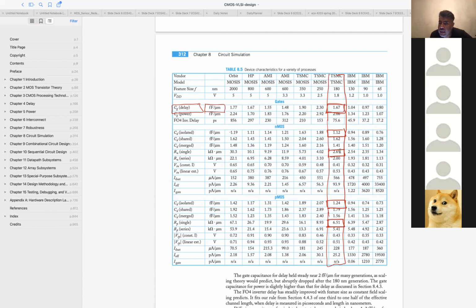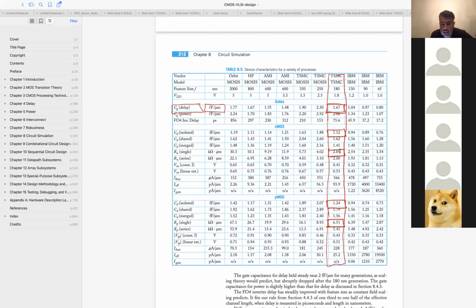So that's how you use this value. You just scale it with the width. The wider you get, the lower this resistance. So if you have a big capacitance to drive, you want to go faster within certain limits, as we'll see, you can make the transistor wider and basically reduce its resistance, reducing the RC time.